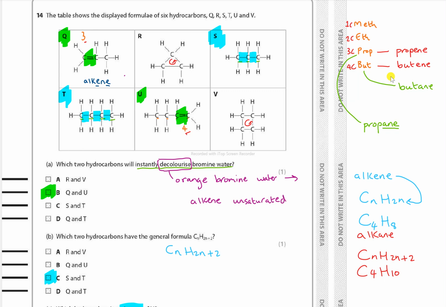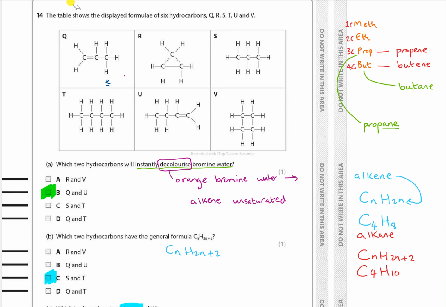4 carbons and a double bond. Oh, R and V. So A, B, C, D, V. Right, okay. It's got 4. Let's get rid of all this. Clear up the picture.